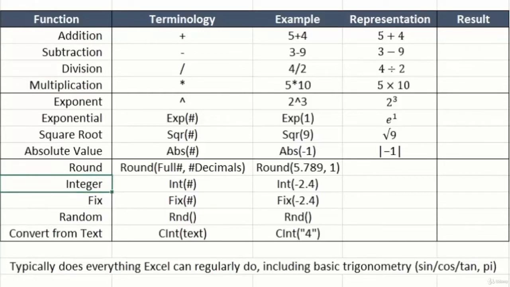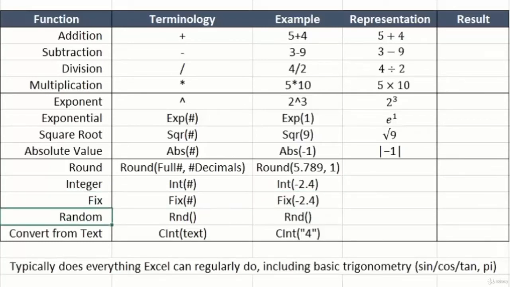The difference between the two is that Int will always push positive numbers towards 0, so a positive 2.4 would become 2, but it pushes negative numbers away from 0, so the negative 2.4 would become negative 3. Fix, on the other hand, always tends towards 0, regardless of whether the number is positive or negative, and we'll see an example of this in a second with this negative 2.4 that we're running both Int and Fix on.